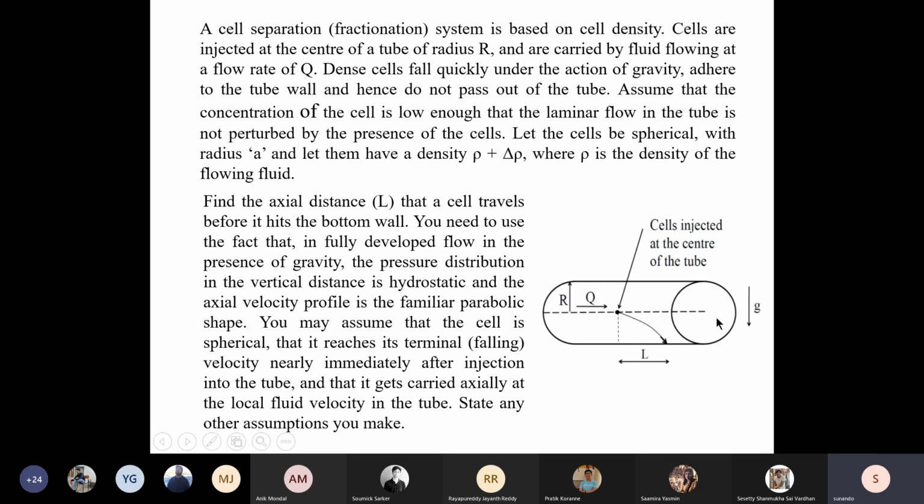The rest are going to simply be carried away with the liquid. So by choosing the liquid and by controlling the flow rate, it would be possible for you to separate the cells based on their size. So that's how the cell separation or cell fractionation systems work.